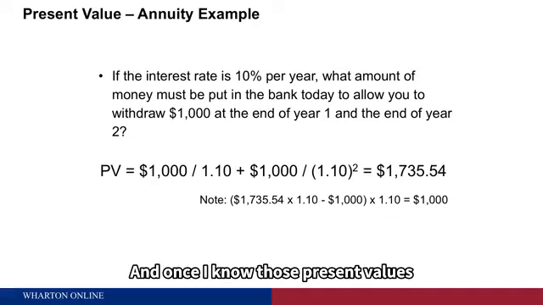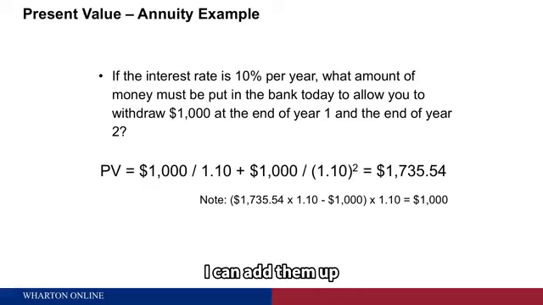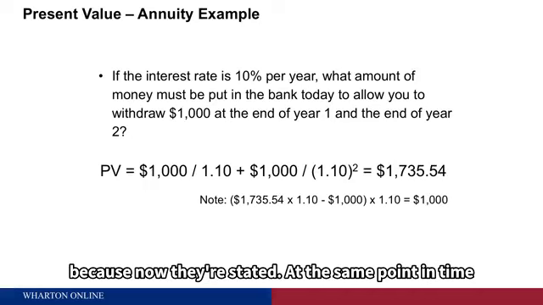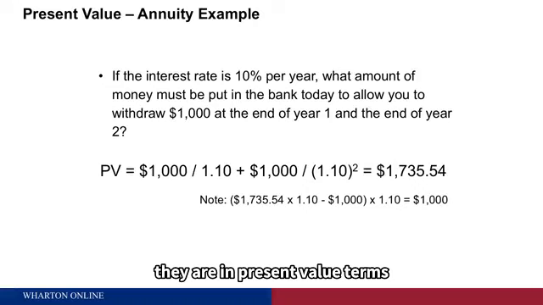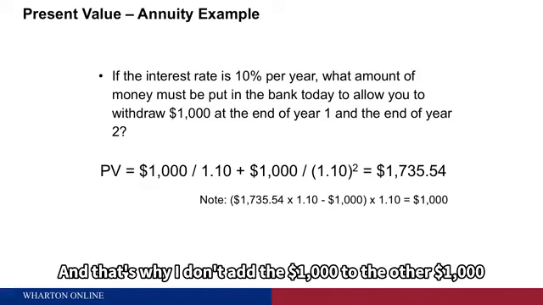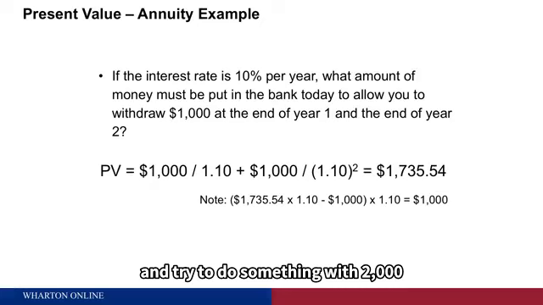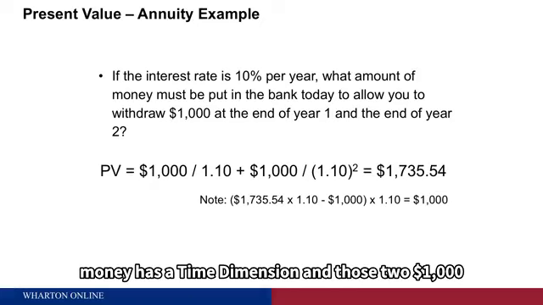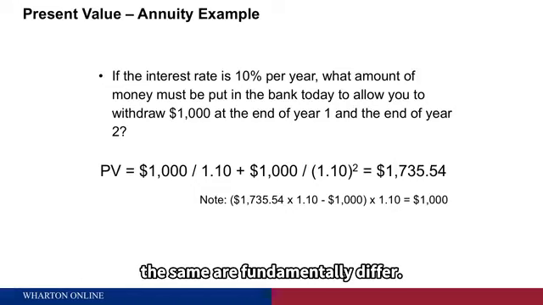And once I know those present values, I can add them up because now they're stated at the same point in time. They are in present value terms, and then I can add them together. And that's why I don't add the $1,000 to the other $1,000 and try to do something with $2,000 because, again, money has a time dimension, and those two $1,000, even though they look the same, are fundamentally different.